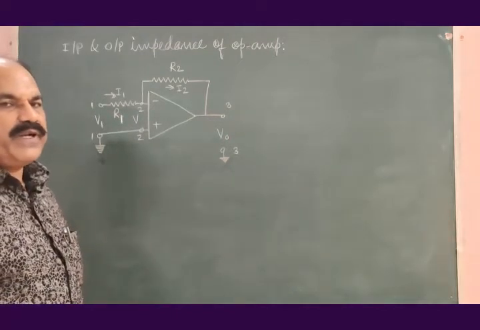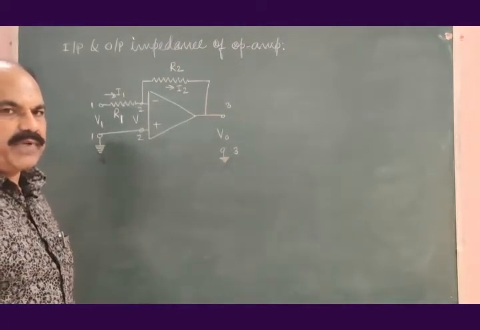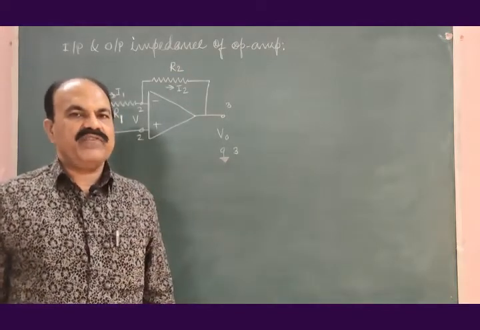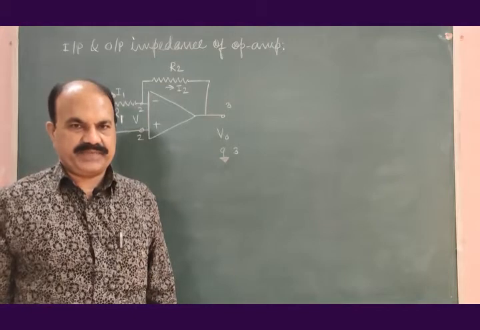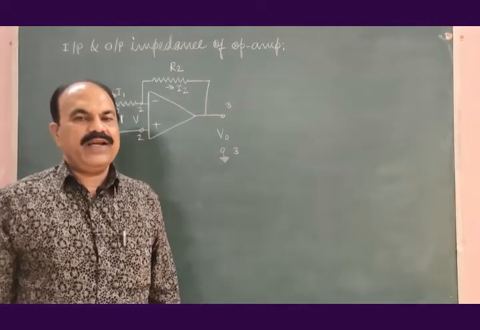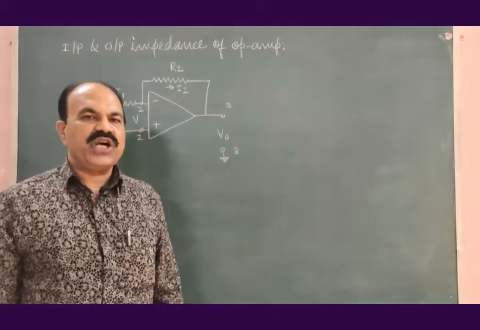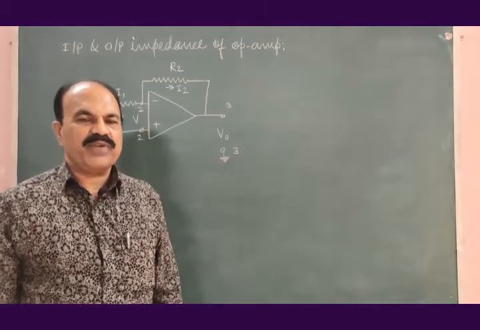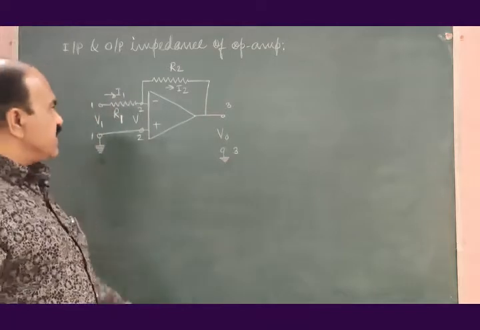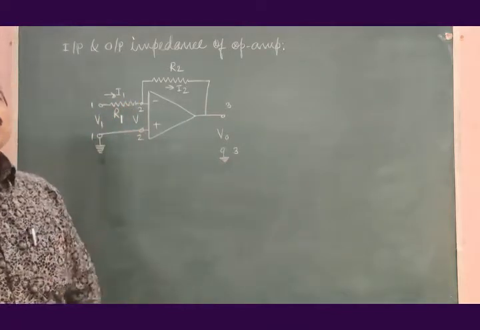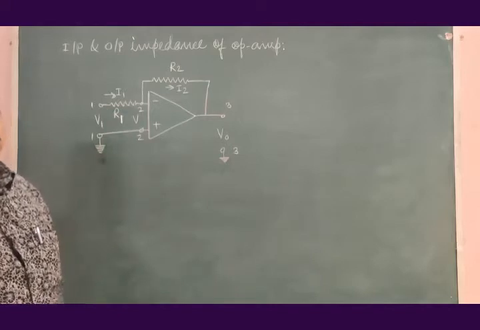We know one property of operational amplifier. Input impedance of operational amplifier is infinity, and therefore approximately zero current enters the operational amplifier. It means that voltage between the points 2, 2 will be approximately 0.